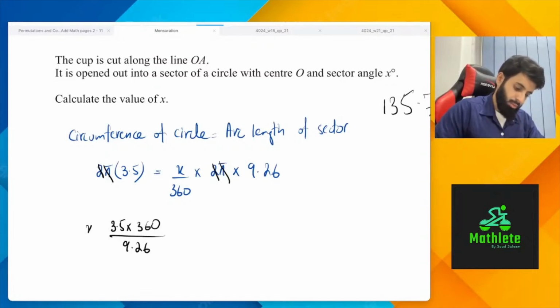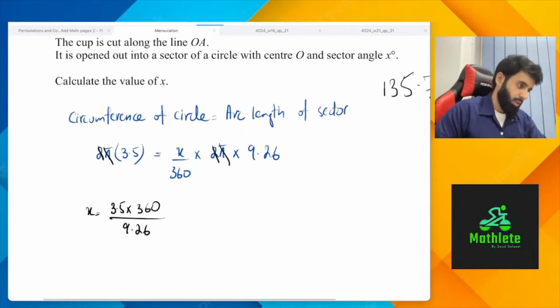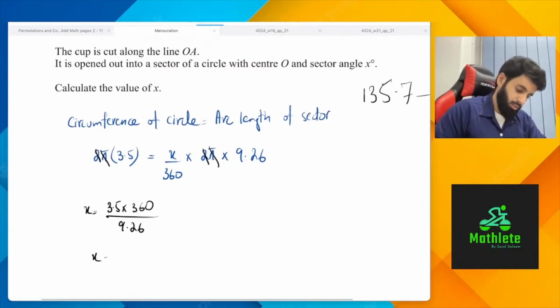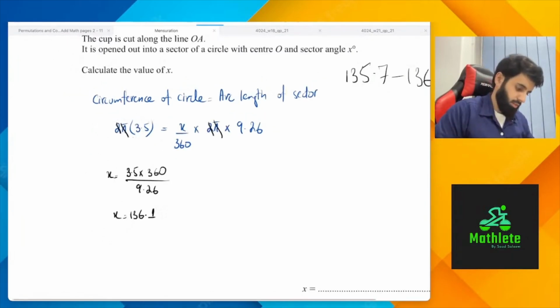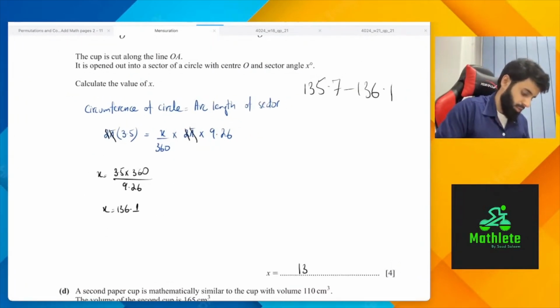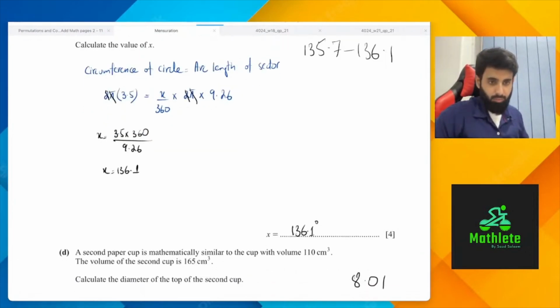Let's work this out, and we get 136.06, so we'll round it to 136.1. Since we gave our answer correct to 3 significant figures, we'll write 100... actually no, it's an angle. Angle is given to 1 decimal place. Sorry, my bad. Remember, angle is given to 1 decimal place.